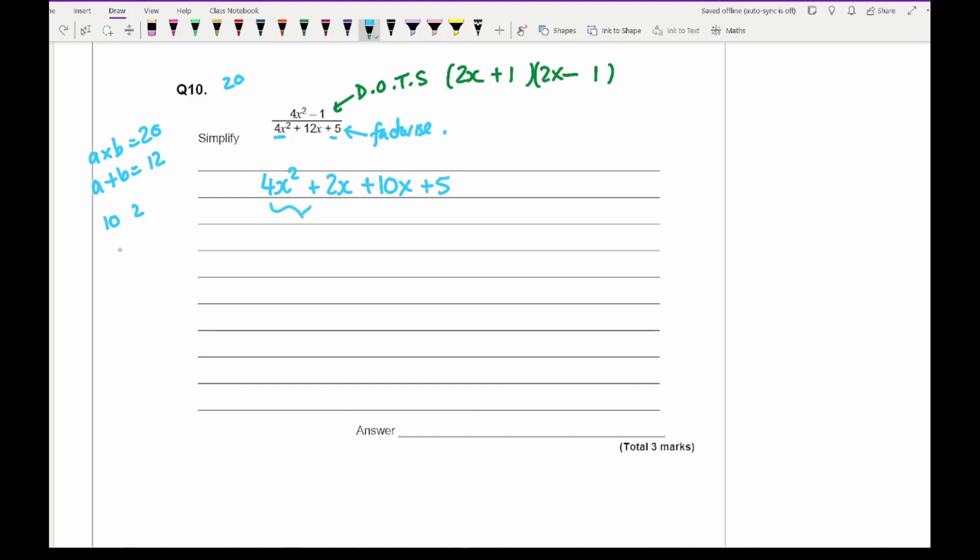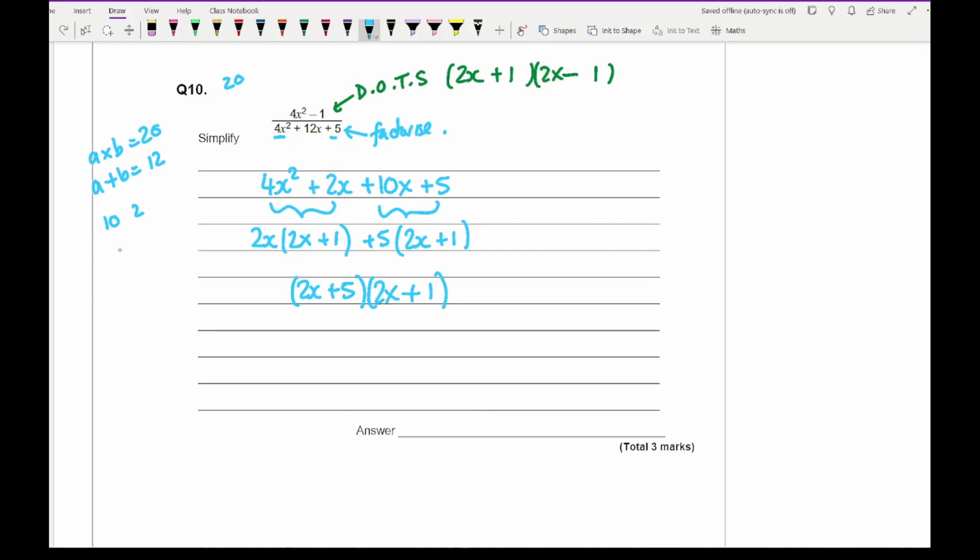Then if I factorize these two things, I end up with 2x, and I've got 2x plus 1. And then I factorize these two things, in which I've got 5, in which I've got 2x plus 1. And then that gives me 2x plus 5 and 2x plus 1.